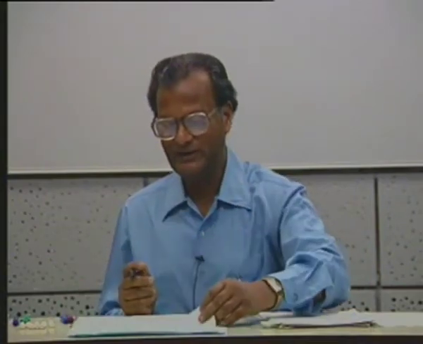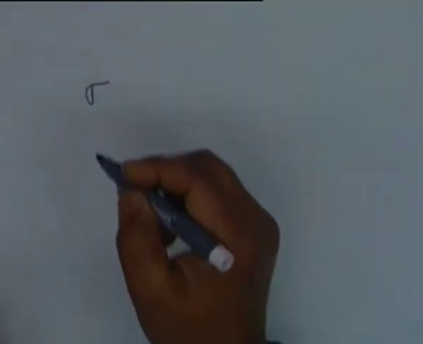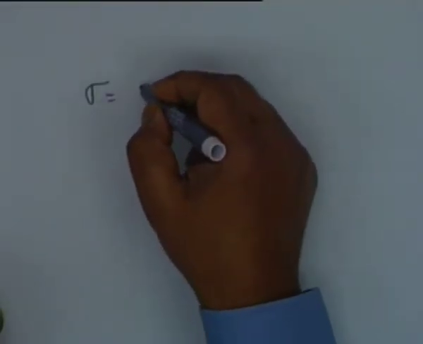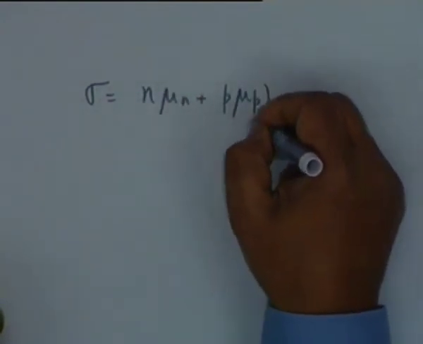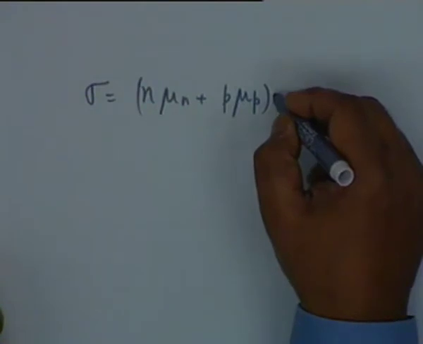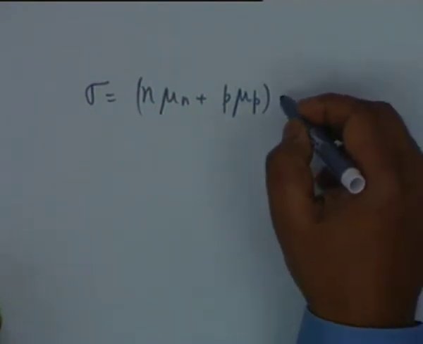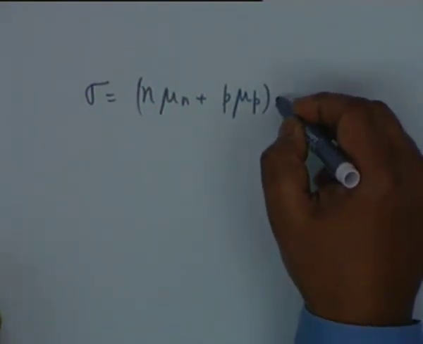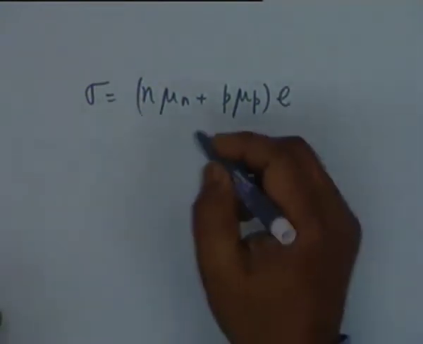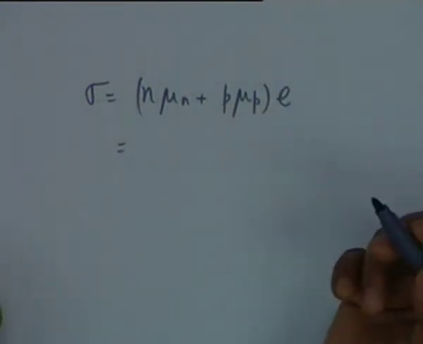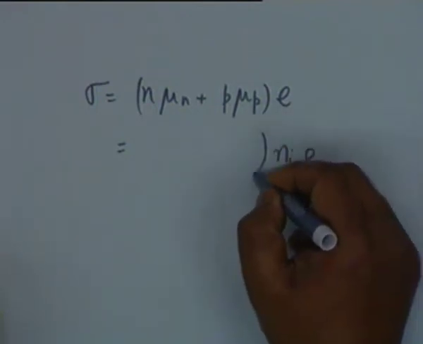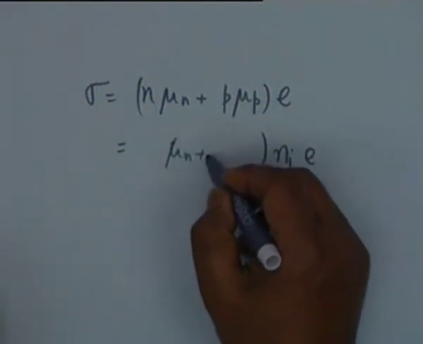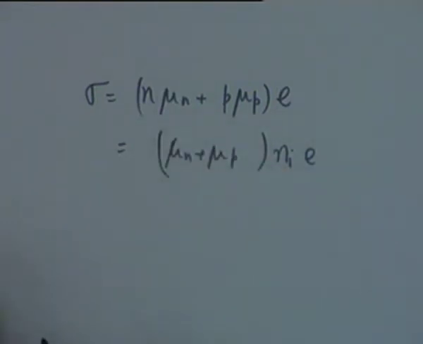which is really indeed very sparsely populated. And if we calculate the sigma, the conductivity, it is n mu n plus p mu p times the electronic charge, and n and p are equal, they are equal to Ni in intrinsic silicon, so it would be mu n plus mu p times this.